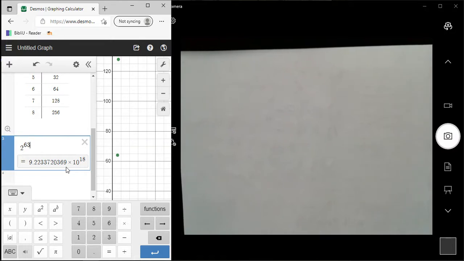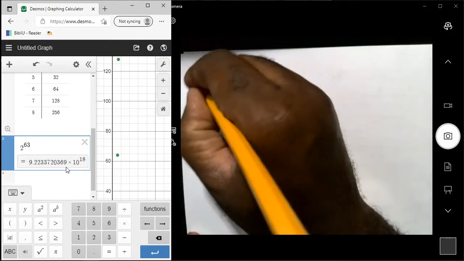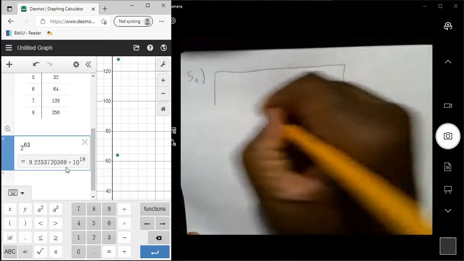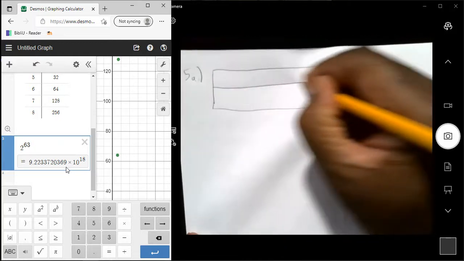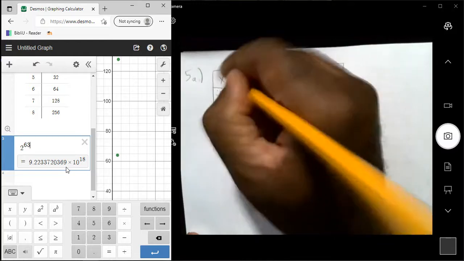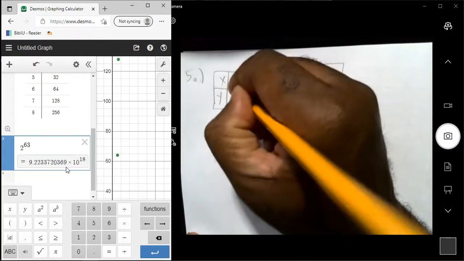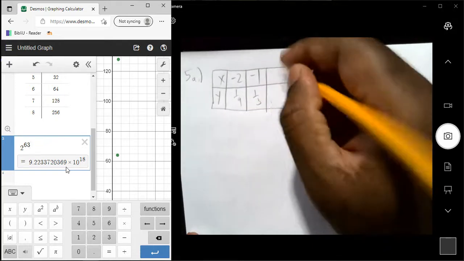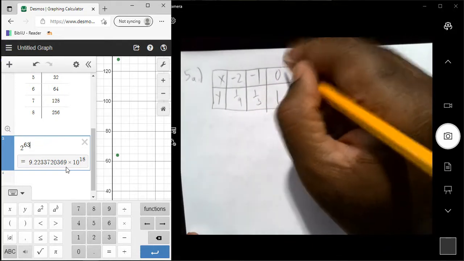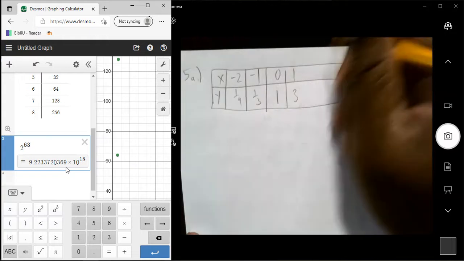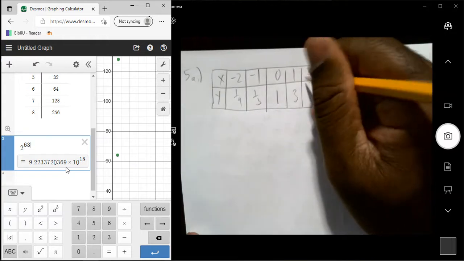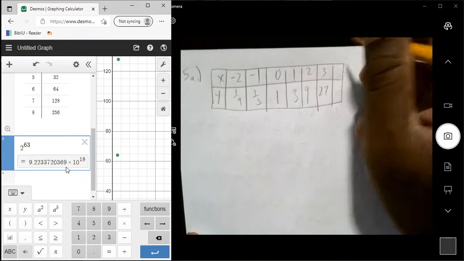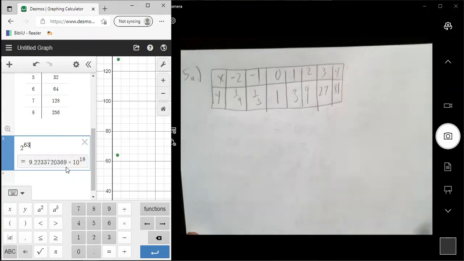So, I'm going to write out 5a. So we have x, we have y. So it's -2, 1/9, -1, 1/3, 0, 1, 1, 3, 2, 9, 3, 27, and finally 4, 81.